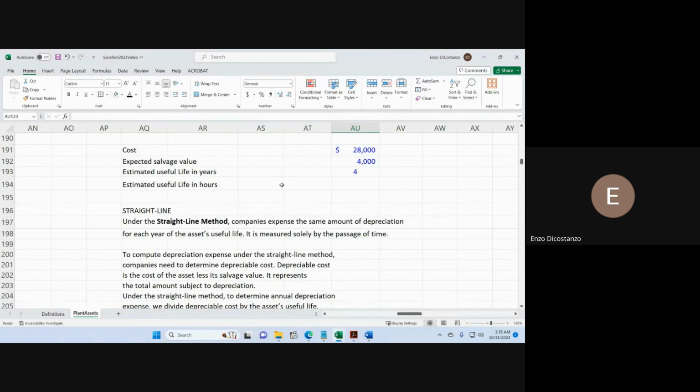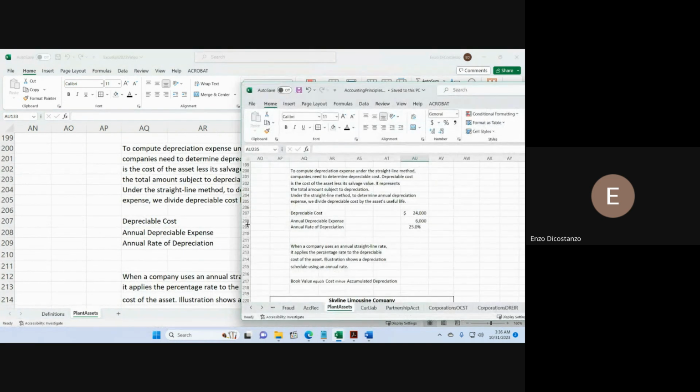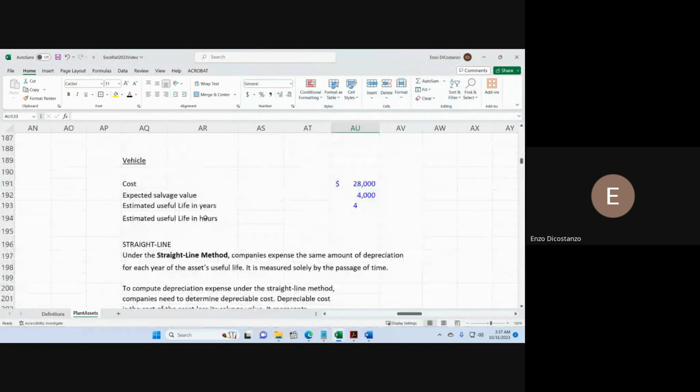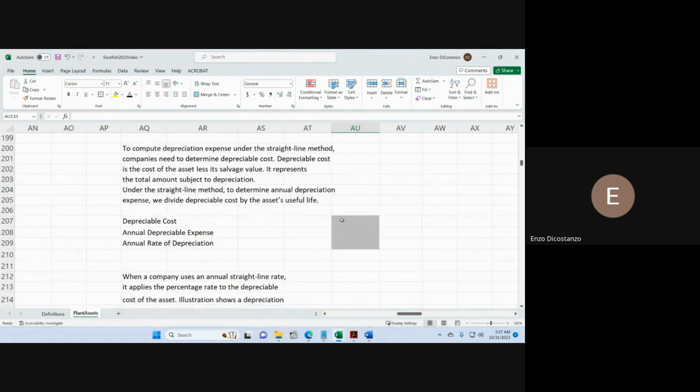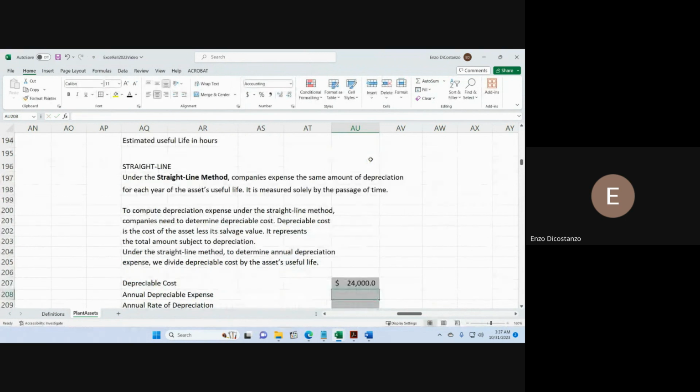Oh, okay, so we don't have the hours thing. So in terms of the straight line, we did depreciable cost. And the salvage is 4 for this. So again, this is the same computation that we just worked on. The cost minus the expected salvage.